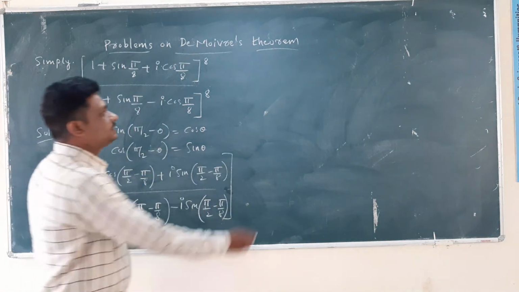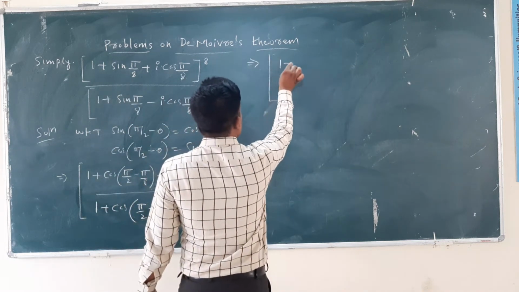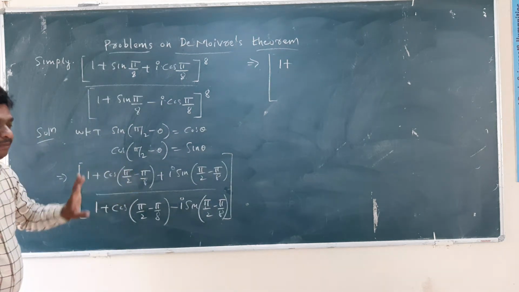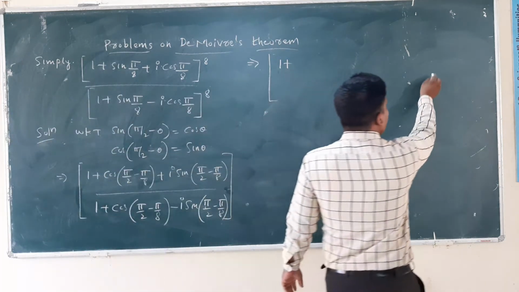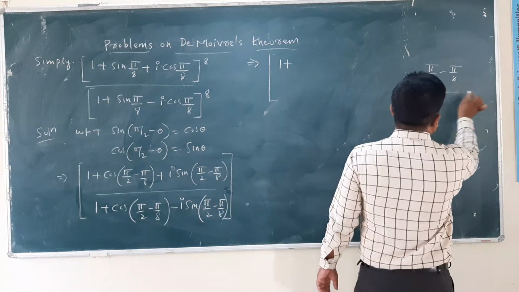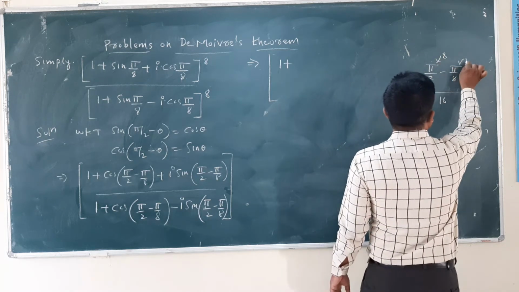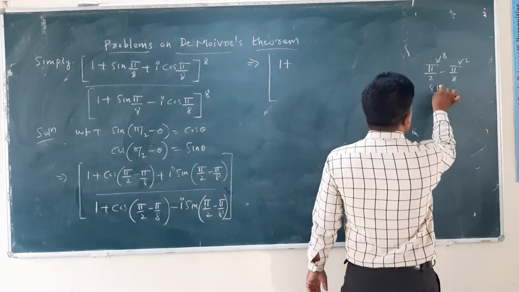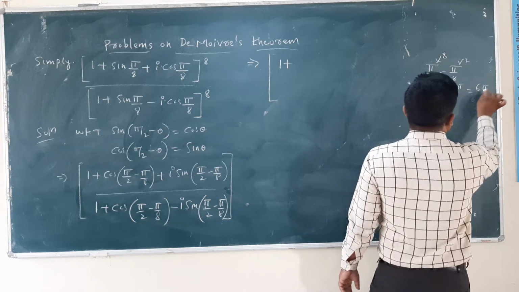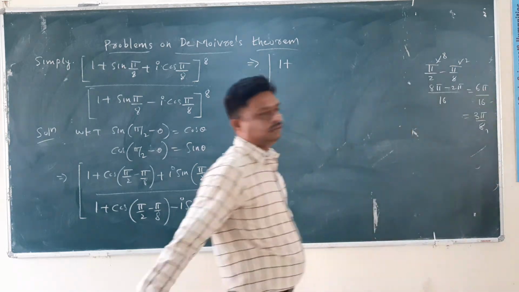So this implies, π/2 − π/8, I will simplify this. Here the LCM is 16, so I multiply this one by 8 and this one by 2, so this becomes 8π − 2π, that is 6π upon 16, that is 3π upon 8.